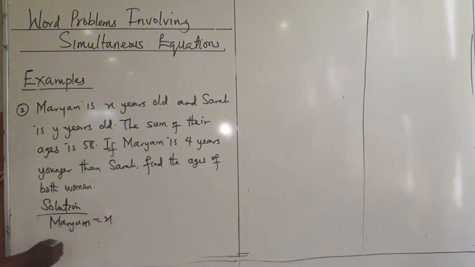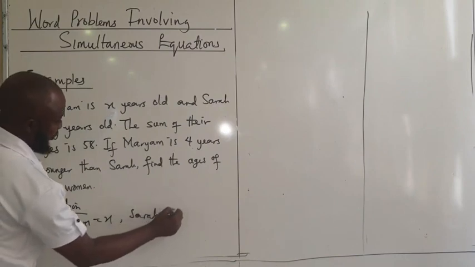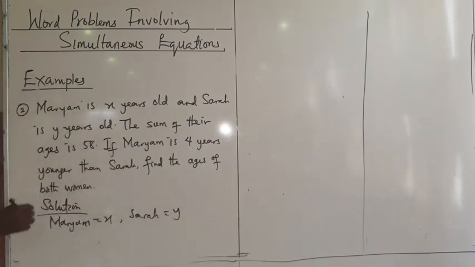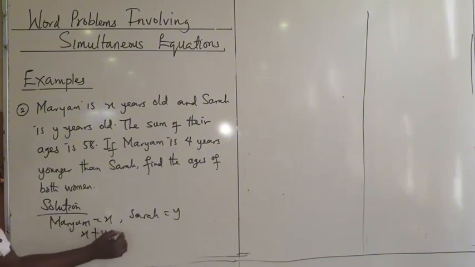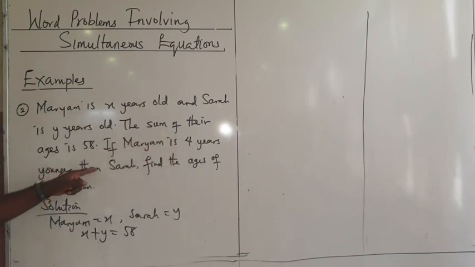Mariam is equal to X, Sarah is equal to Y. The sum of their ages, the addition of the age of Mariam and Sarah, is 58. That is X plus Y is equal to 58. Now that's telling us that Mariam is 4 years younger than Sarah.